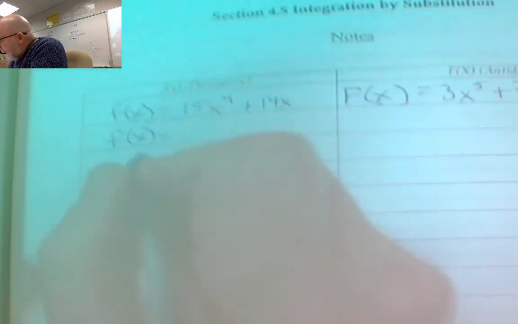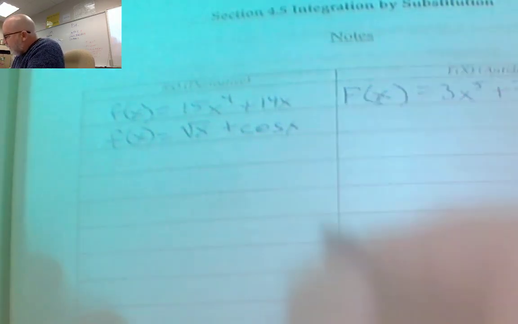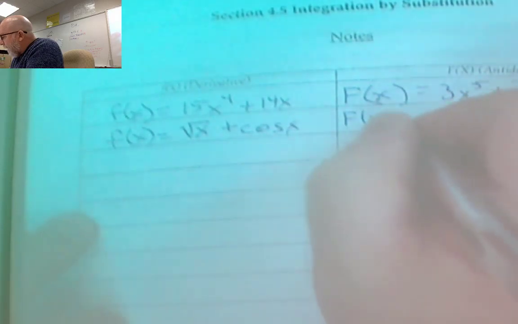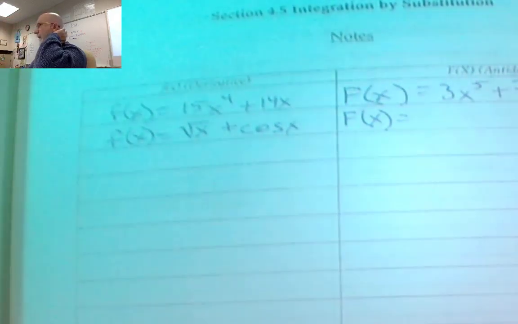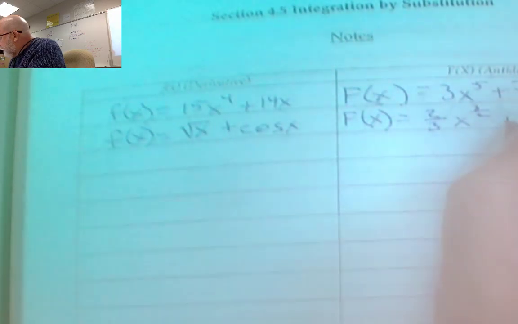The derivative is the square root of x plus the cosine of x. So the antiderivative would be what? You need a hint, or can you do that in your head? Perfect.